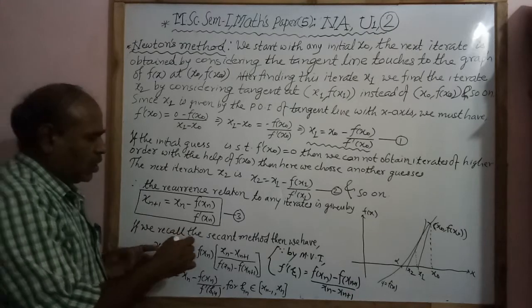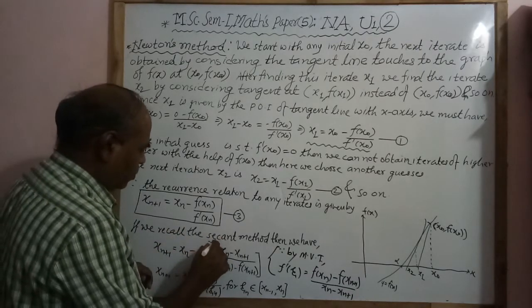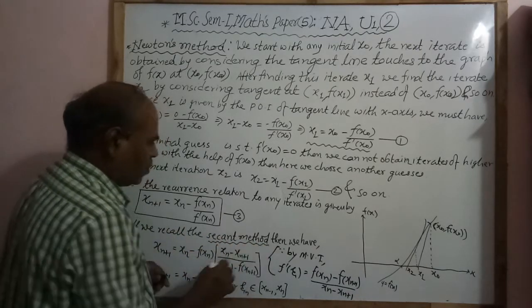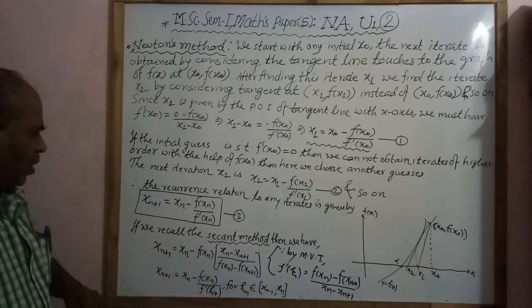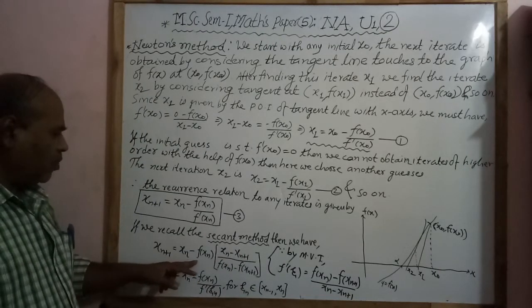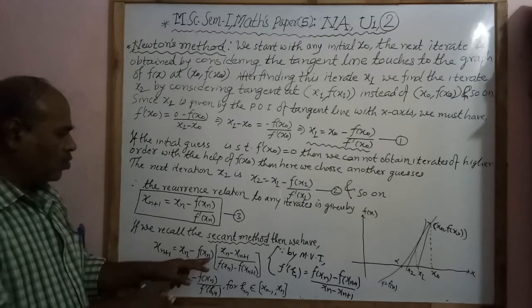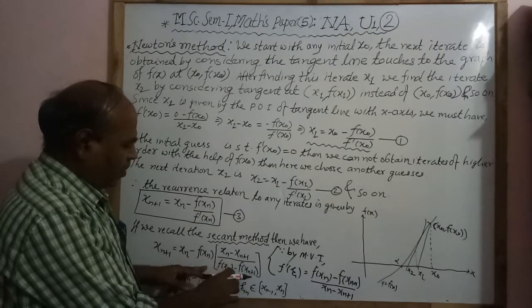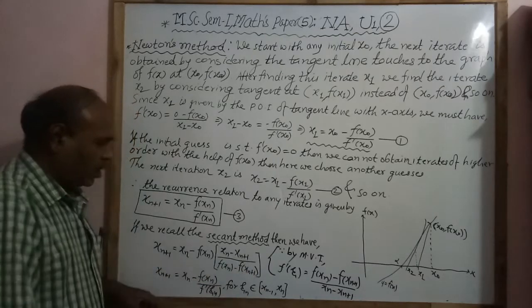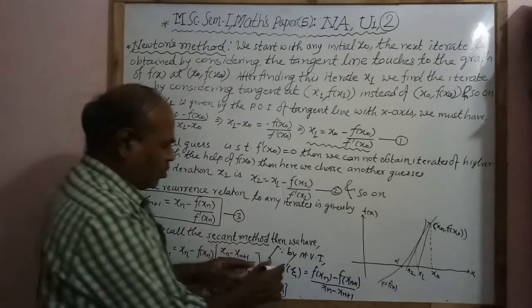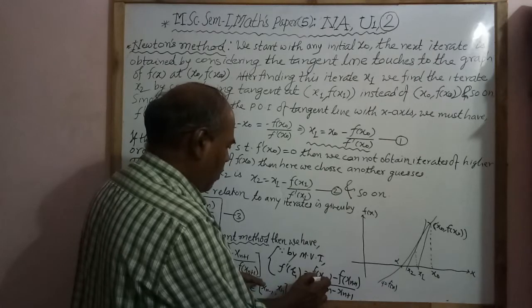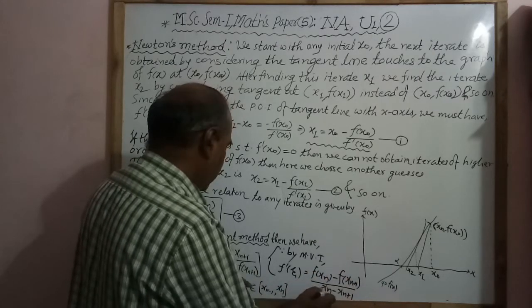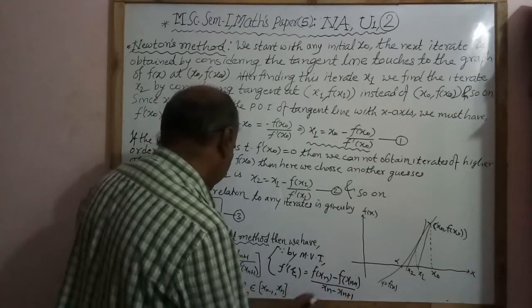If I recall the secant method, then we have xn plus 1 equal to xn minus f of xn into xn minus xn minus 1, divided by f of xn minus f of xn minus 1. But by the mean value theorem, we have f dash of xi equal to f of xn minus f of xn minus 1 divided by xn minus xn minus 1.